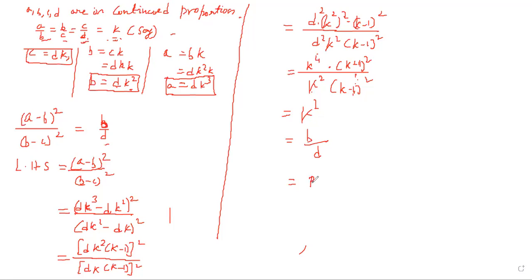And it is the RHS also. K square whole square is K to the power 4, and K whole square is K square. Yes, it is correct. So everything is correct. It means it must be B by D at the RHS. Hope you all must have understood this.